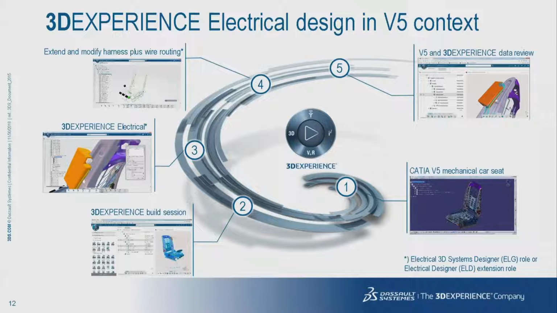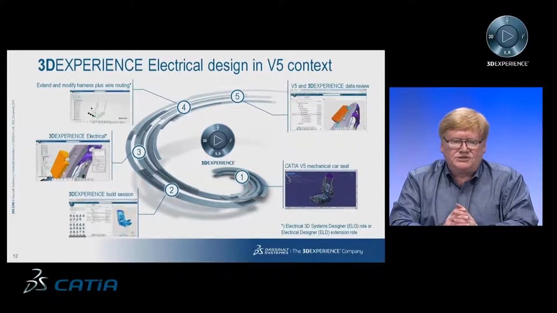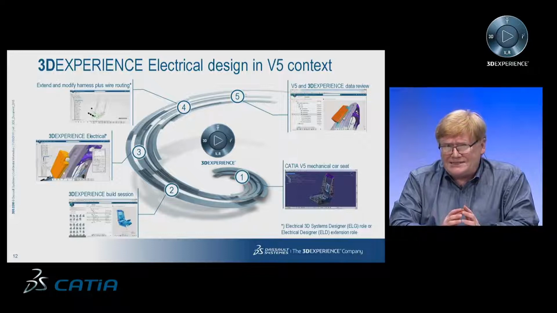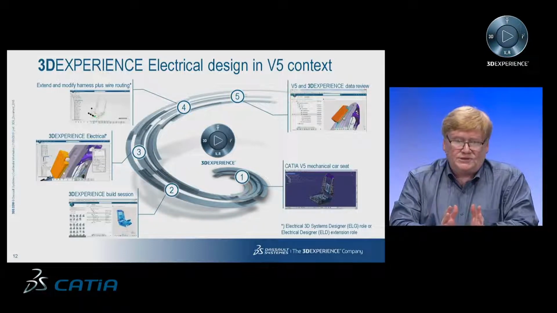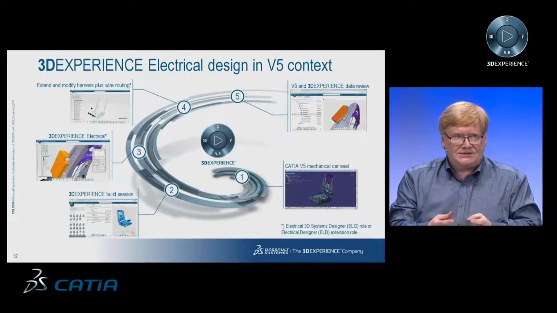And then we'll do the electrical harness design in the CATIA 3D Experience. We'll interact with other applications when we import wire routing information. And then finally, we'll show how the completed design can now be accessible to not just you as a designer, but to the wider group of people who need to access the data.